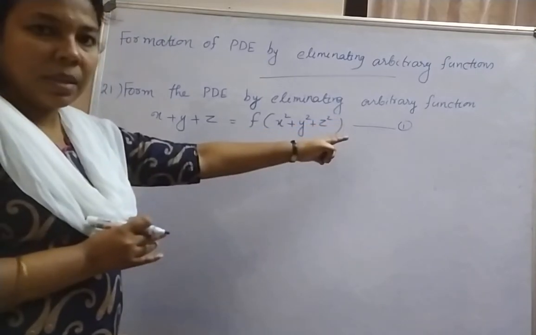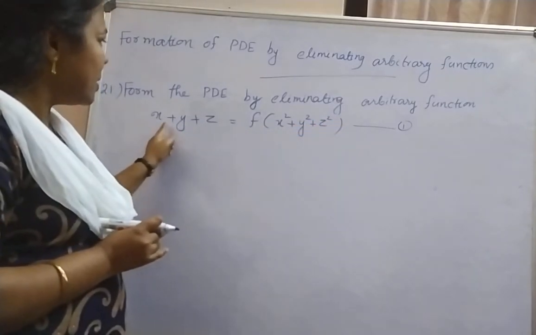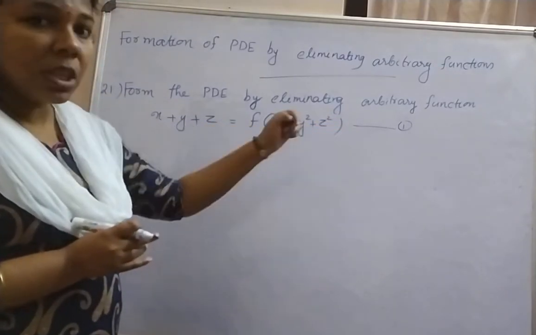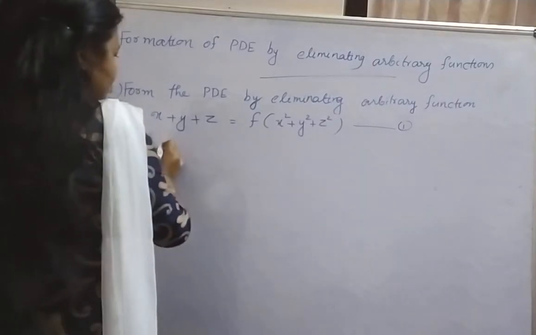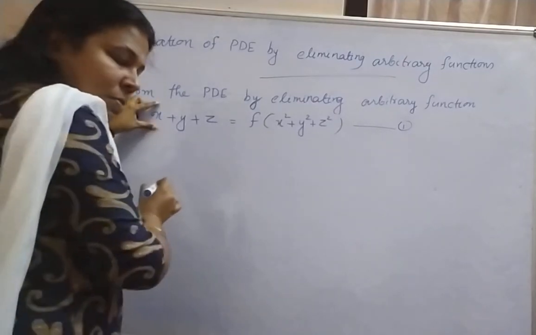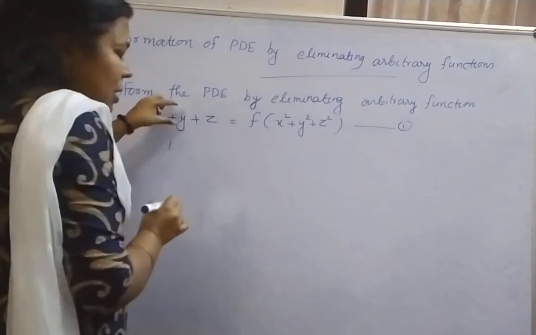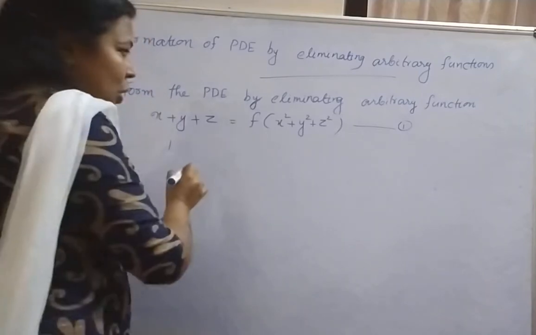First find the partial derivative of equation number 1 with respect to x. That is, partial derivative of x with respect to x is 1. Partial derivative of 1 with respect to x is 0.